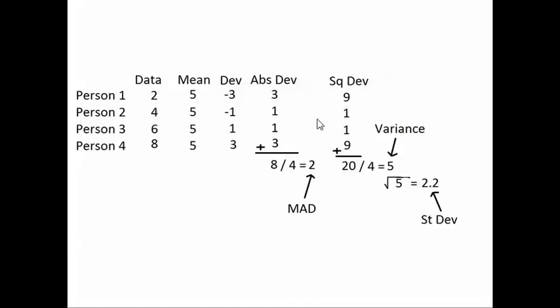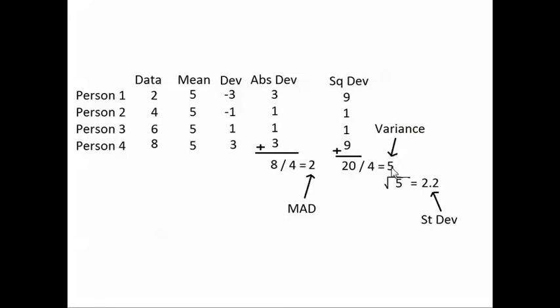So basically, when these two absolute deviations went up, the MAD went up, and when these two squared deviations went up, the variance went up. Now that we understand why the MAD increased and why the variance increased, let's think about why the standard deviation increased. The reason is basically just because the variance increased.